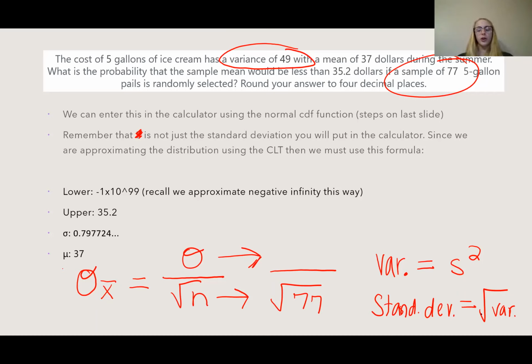So in this case, we're given variance, so we want to find the standard deviation. To get the standard deviation, what we're going to have to do is take the square root of 49, because 49 is our variance, so if we just plug that in, we can get our standard deviation. The square root of 49 is 7.